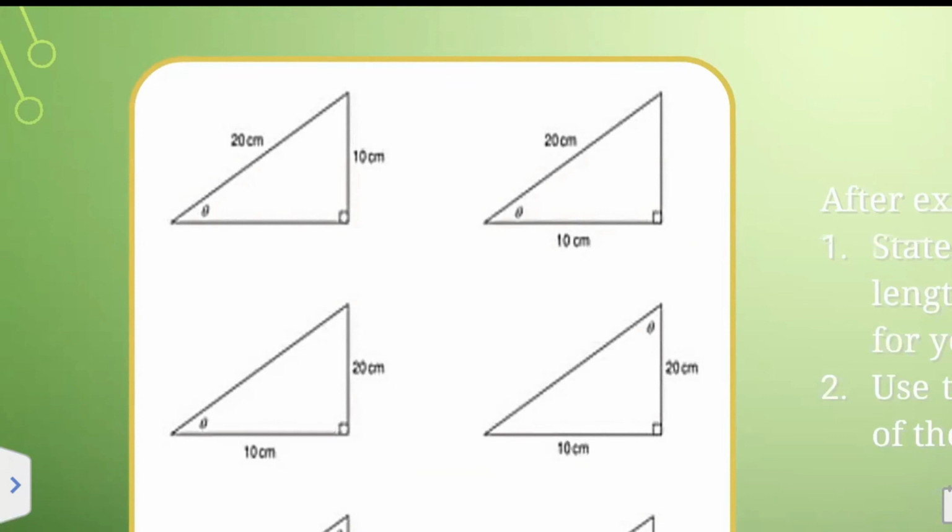Miss, we'll be using the cosine ratio for the second one. Very good. And why is it that we're going to be using the cosine ratio? I need another volunteer to tell me why we'll be using the cosine ratio there. What 2 sides are we given?